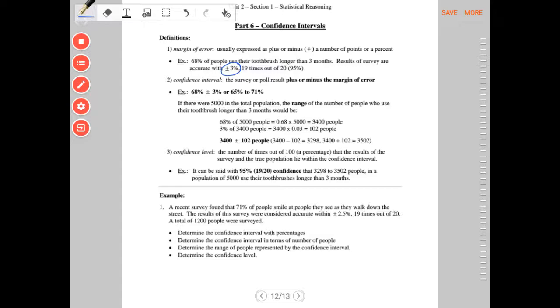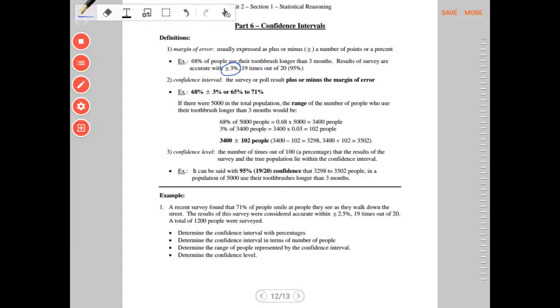If there are 5,000 in the total population, the range of the number of people who use their toothbrush longer than 3 months would be... So you can find 68% of 5,000 people, which is 3,400 people. 3% of that is 102 people. So 3,400 plus minus 102 people would be your confidence interval. Or you can also say a range of 3,298 to 3,502.